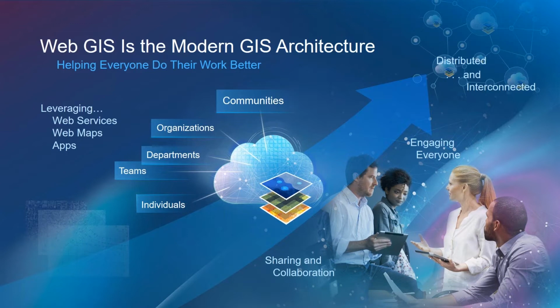So think of it as these three tiers: serving your data as services, orchestrating those services into web maps for particular purposes, and then providing that functionality in a series of apps. And many of you are doing this today within your organizational portals.